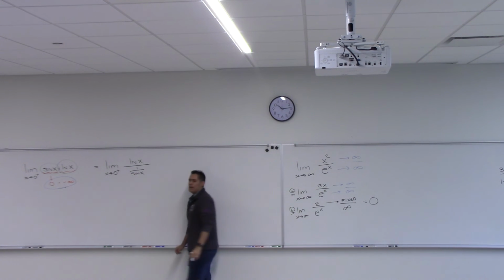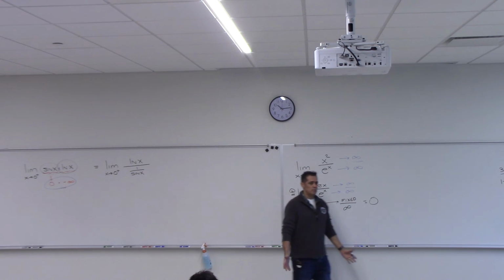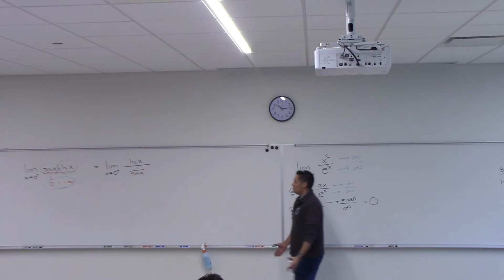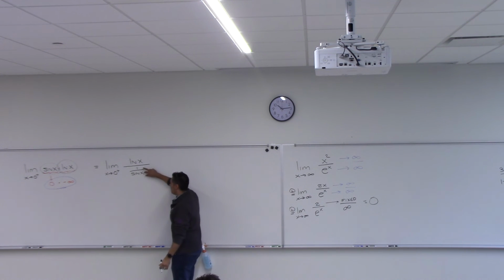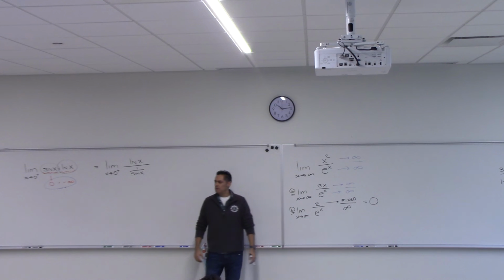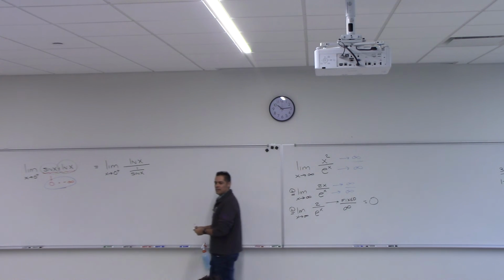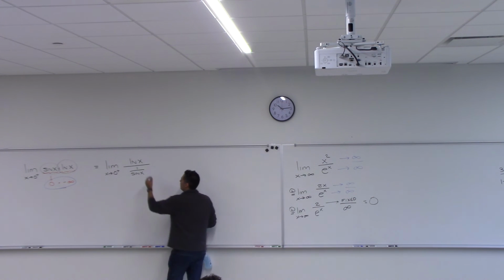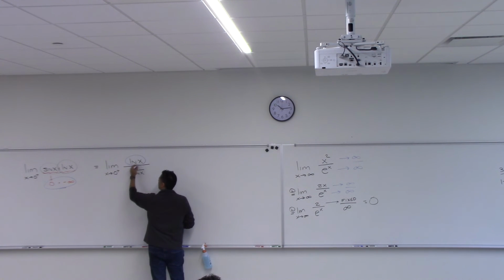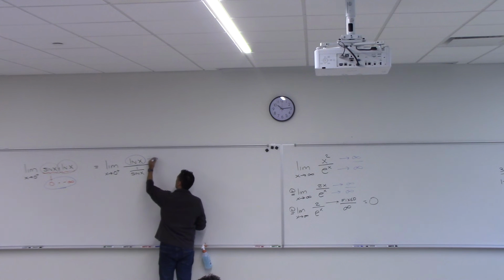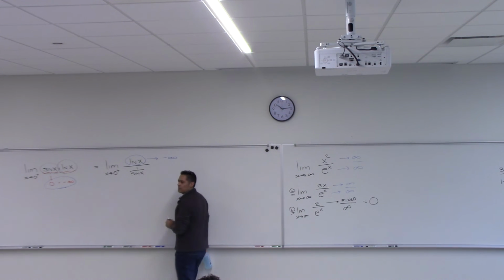Do you all agree that I have not changed the problem? Right? 1 over sine x really is just a sine up there, isn't it? Now you might be sitting there going, what are you doing, man? That looks like a stupid move. But now look what happens. As x goes to 0, we already know that that goes to negative infinity, right?